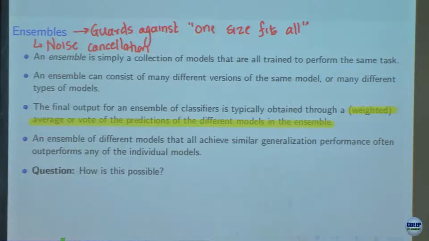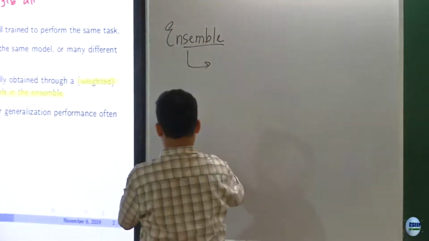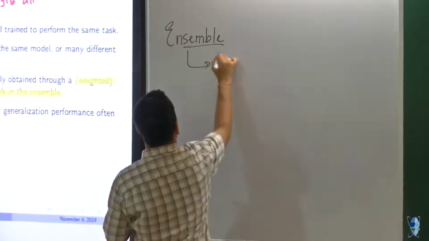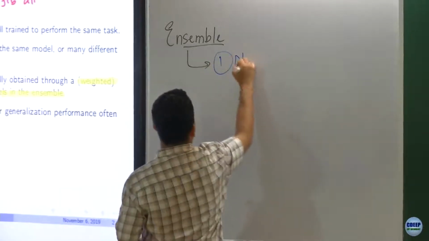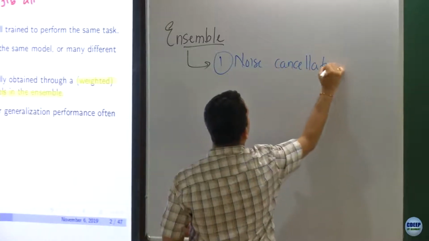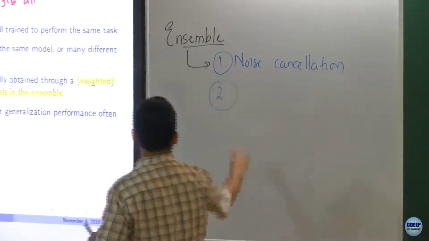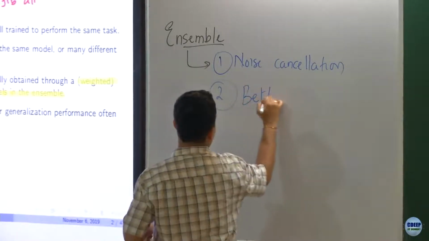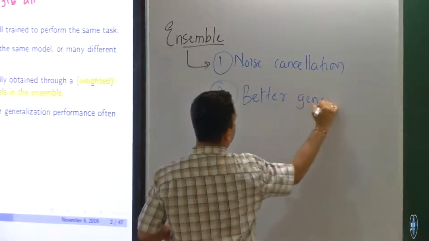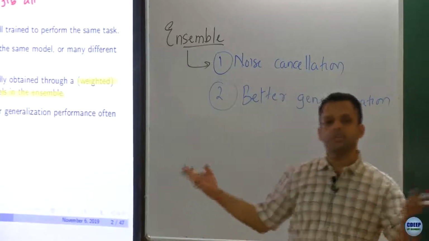So question is, how can we make this possible? Okay, so let me just register some of the keywords. So through ensembling we want noise cancellation, better customization, better generalization, better generalization of customized models, right?